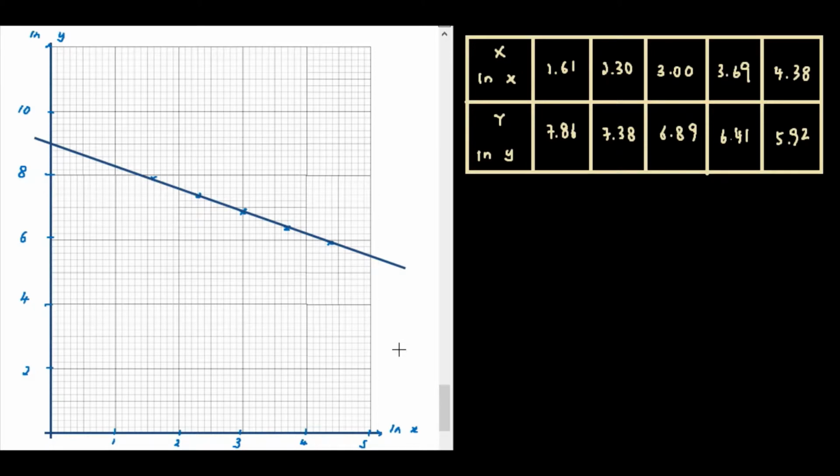You should be able to get a line that passes through all the points together in your graph. Now we'll be using this graph to answer our questions in part B.